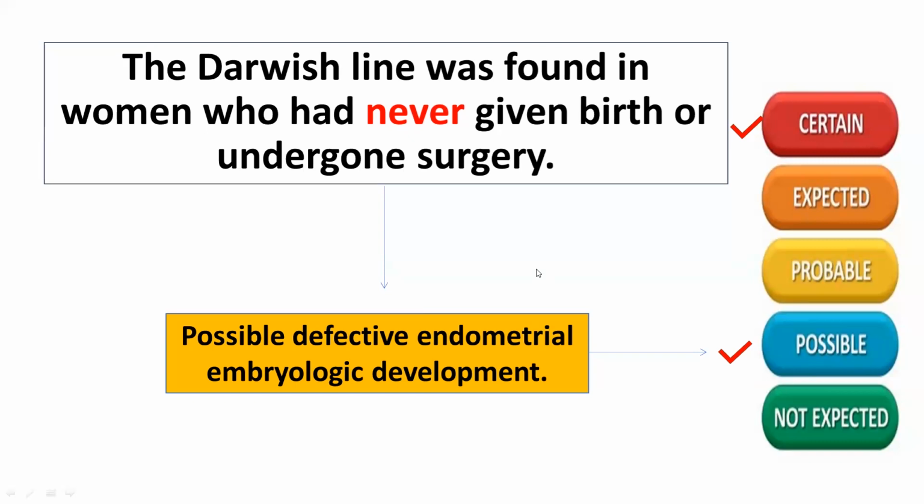Another observation is that the Darwish line was found in women who never gave birth before, infertile women without any history of intrauterine surgery or hysteroscopy. This is a certain point. And this means that this line is not iatrogenic, is not related to any procedure done before, and this is certain.